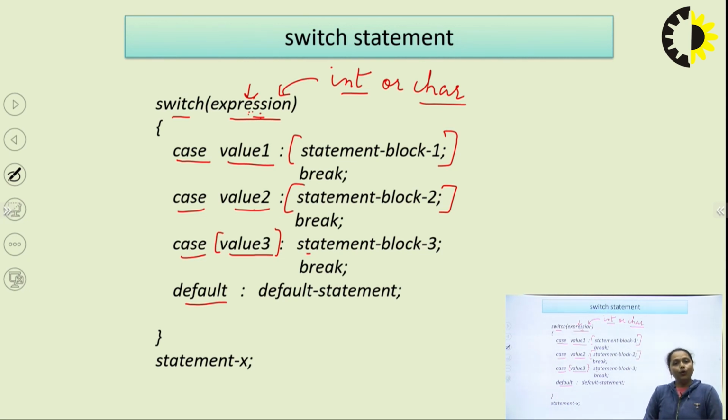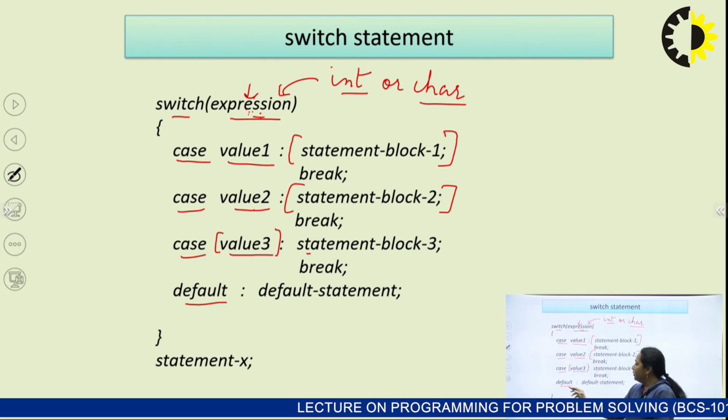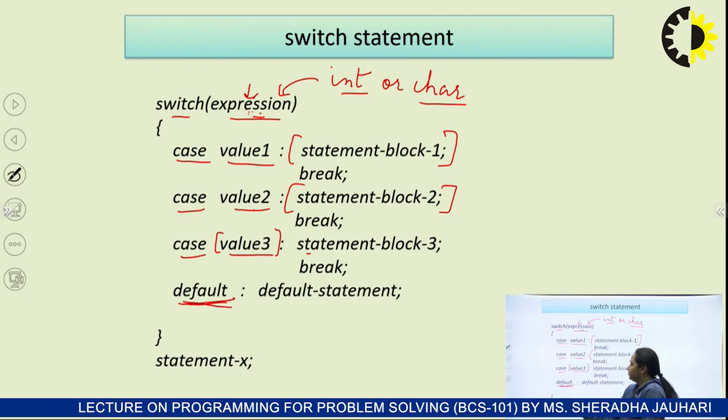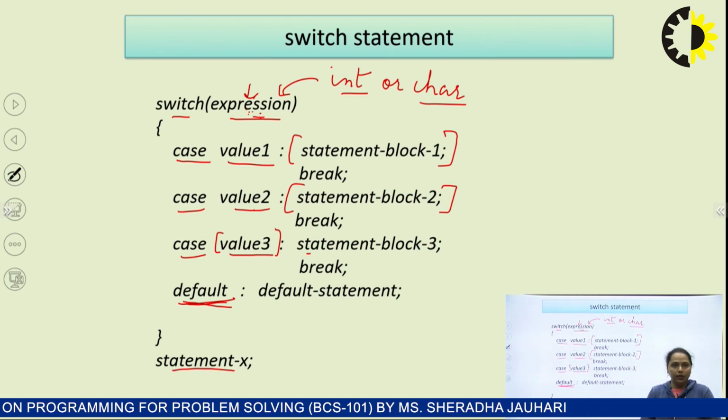So, at a time only one statement is going to be executed, but the selection of a statement is totally based upon the equality between the expression and the case value. If none of the values is equivalent to the expression, in that case the default statement is executed. And after that, normal execution of the program continues.